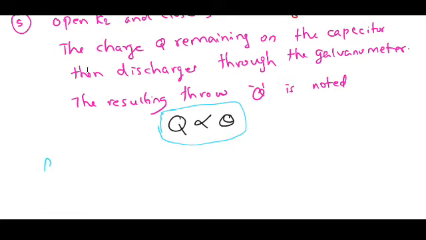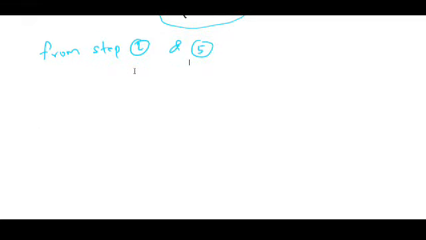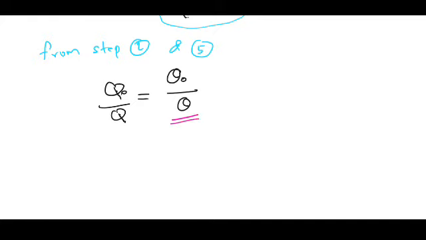Therefore, from steps 2 and 5, I can divide those two equations: Q0 by Q is equal to theta 0 divided by theta. Be careful, this is Q0, this is Q.